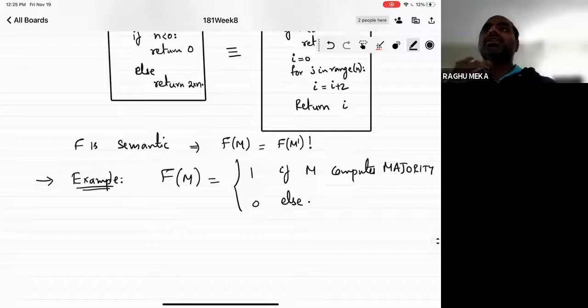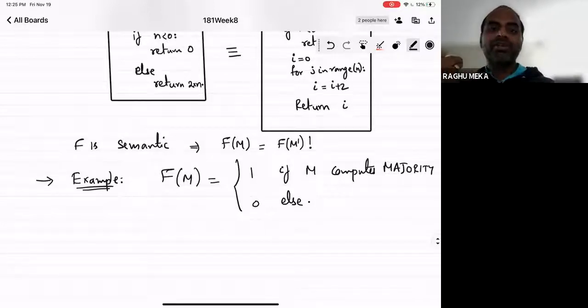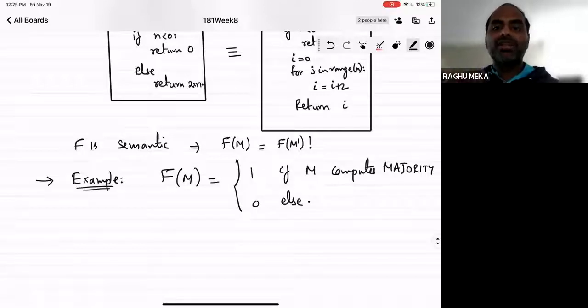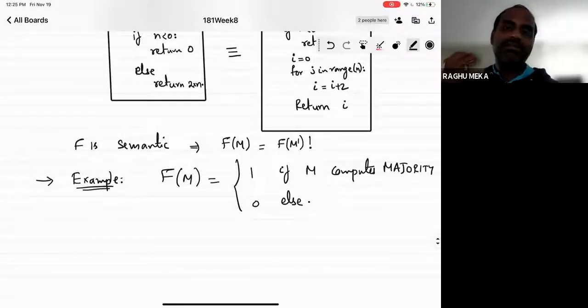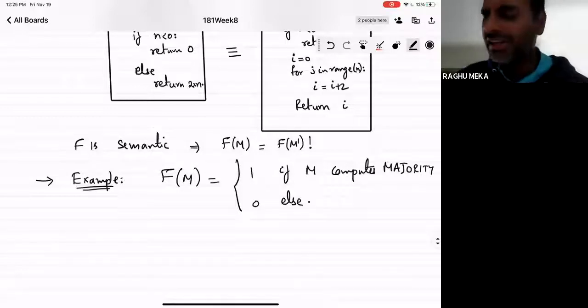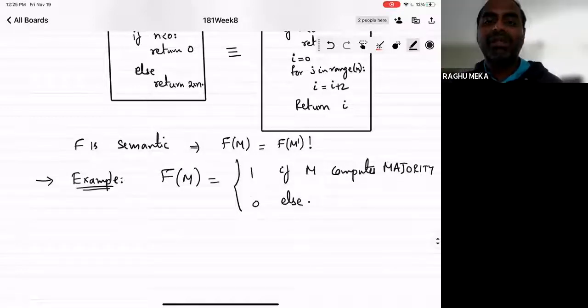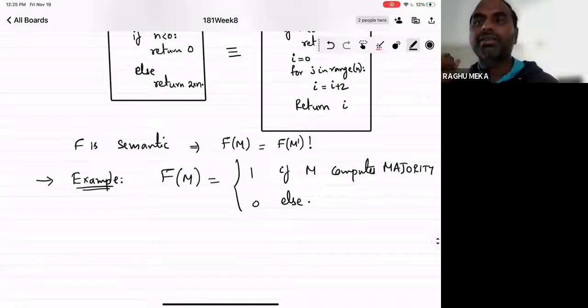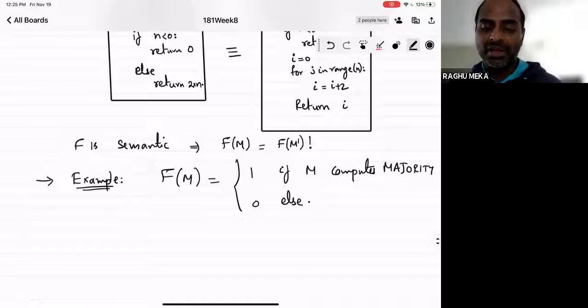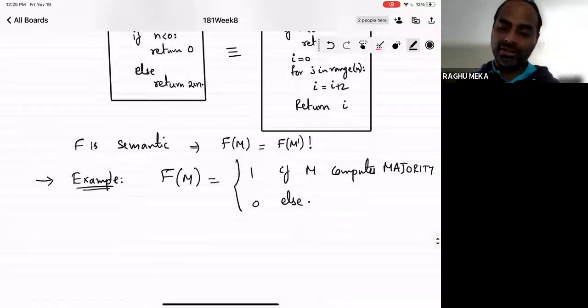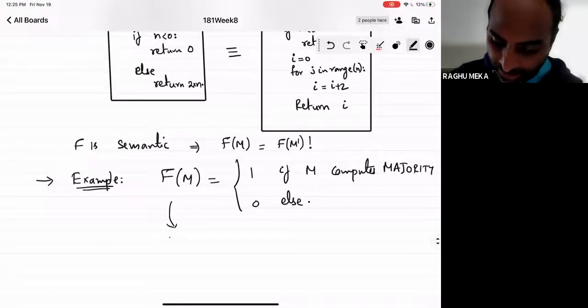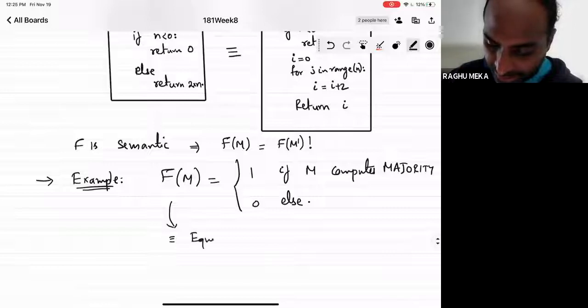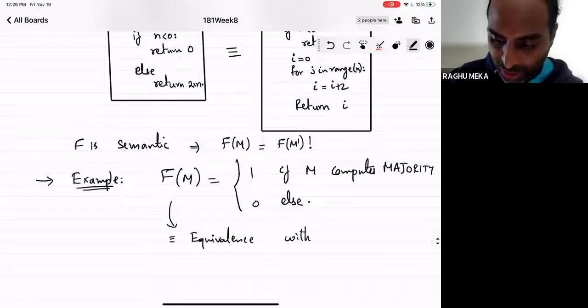Imagine I give you an input program and I want to check whether or not that program's functionality is exactly majority, or any function, majority, parity, multiplication, addition, anything like that. If it only depends on the input-output functionality, it is semantic. So F would be semantic. You can call this equivalence with majority.